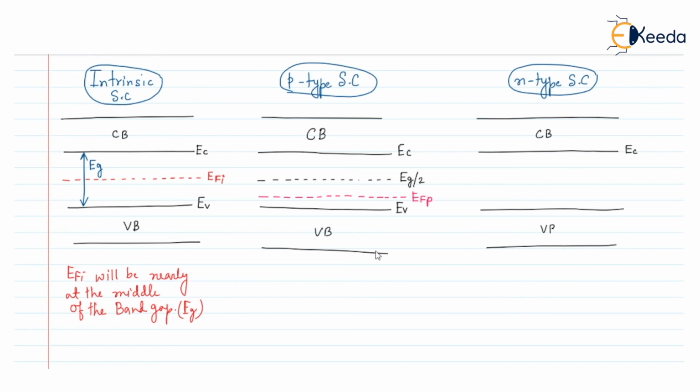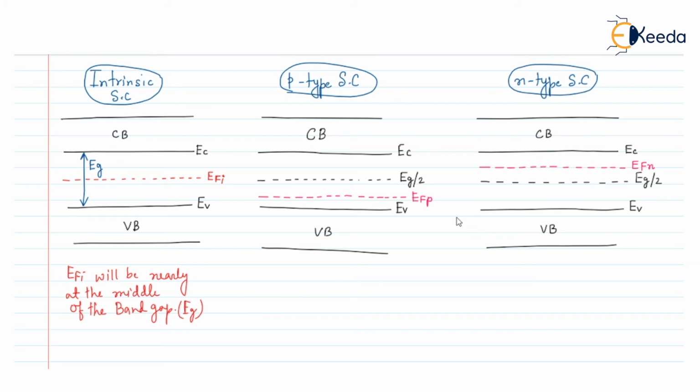This is the valence band and this is the EV energy, and let us define that this is the middle of the band gap, that is Eg by 2. Now the Fermi level for the n-type semiconductor, EFN, will be near to the conduction band.